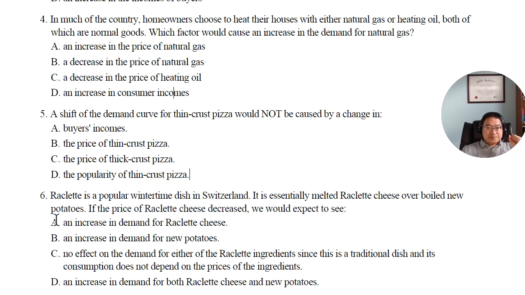Question 6. Raclette is a popular wintertime dish in Switzerland. It is essentially melted raclette cheese over boiled new potatoes. So just cheese on potatoes. If the price of raclette cheese decreased, we would expect to see what?